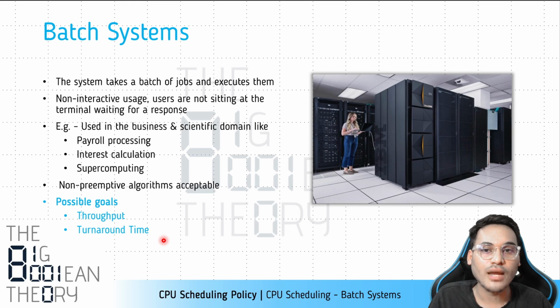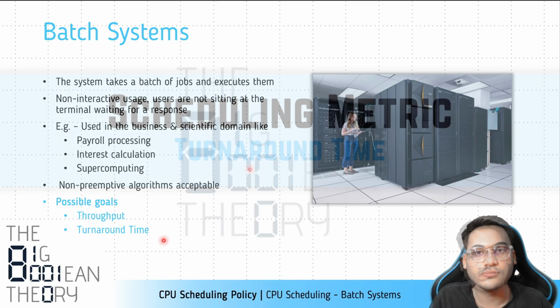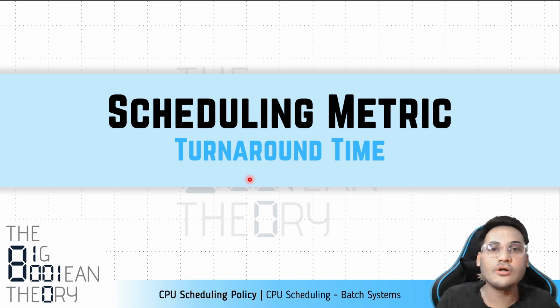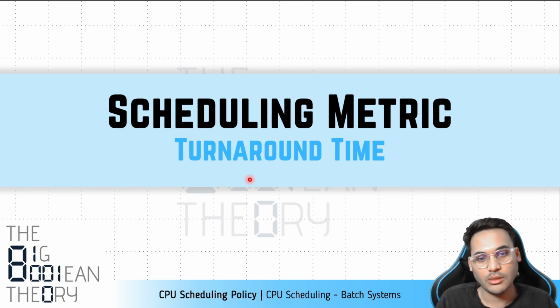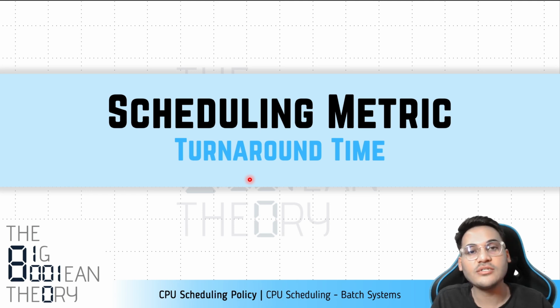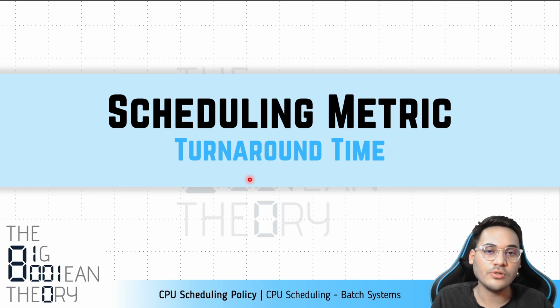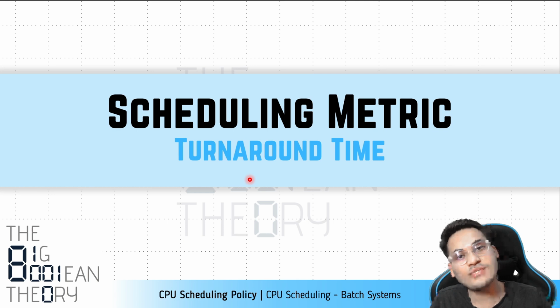Now we will look at the metrics that are important in a batch processing system, and after that we will look at the different scheduling policies that are used in case of batch systems. So now we'll talk about turnaround time, which is the scheduling metric that we will use to judge different scheduling policies, right? If we propose different scheduling policies or algorithms for batch systems, then how do we say that this policy is better than this one?